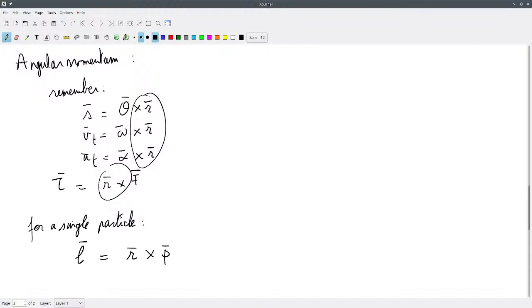So that's the definition of the quantity angular momentum, and since it's r cross p, it will be perpendicular to both the position and the linear momentum vector. Angular momentum is the counterpart to linear momentum, just like the counterpart to angular velocity is linear velocity.